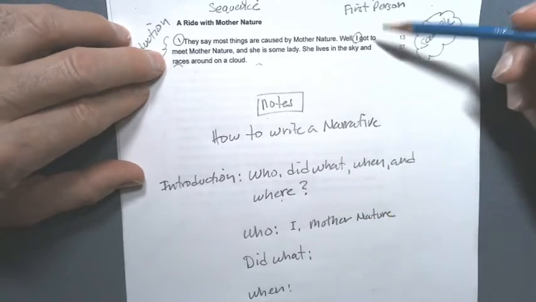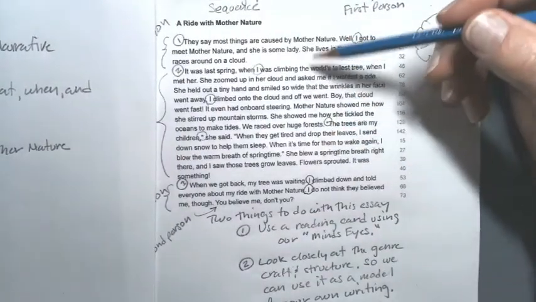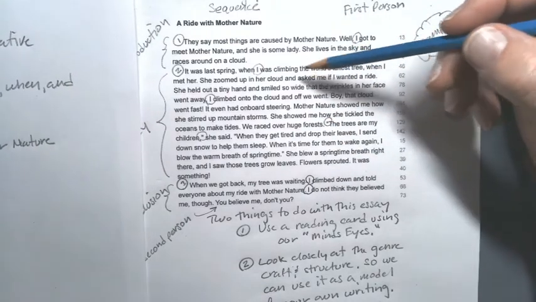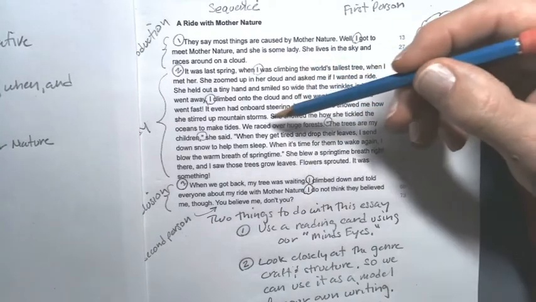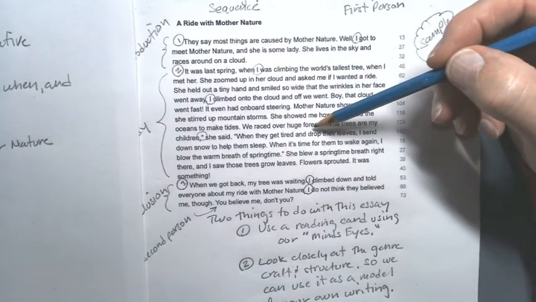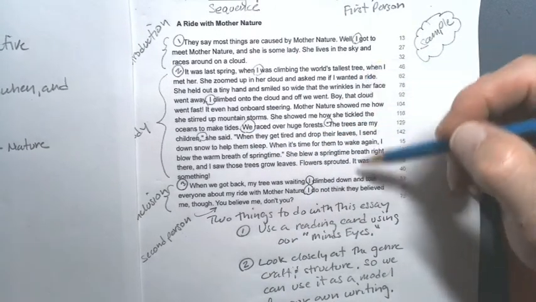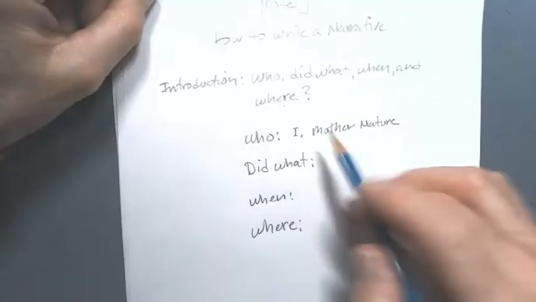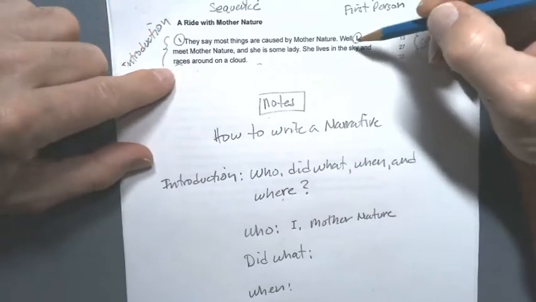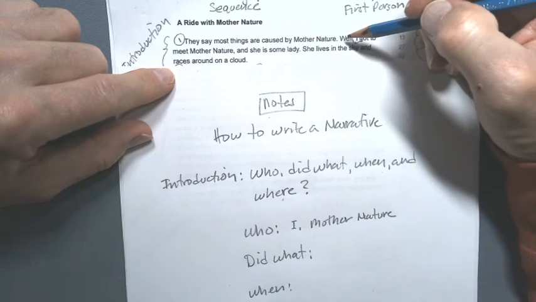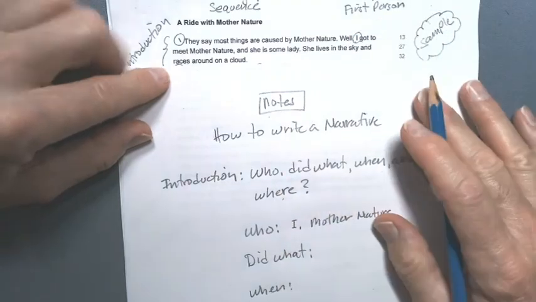So there's 2 who's in this opening paragraph because the rest of it he's talking about what him and Mother Nature, I'm going to say it's him, but it could be a she, him or her, what they are doing. We raced over huge forests. Okay, so they're together doing this narrative. So we can say it's I and Mother Nature. That's the who. And he tells us who the who is right in the very beginning. He doesn't wait till the middle of the story. He tells us right in the narrative.